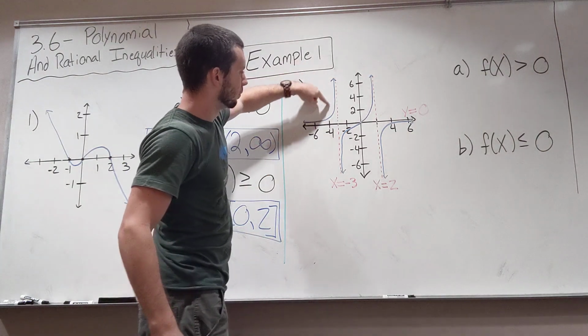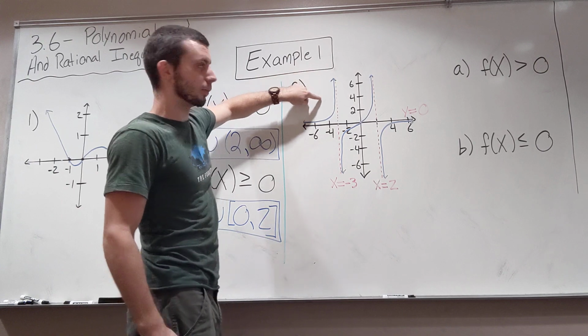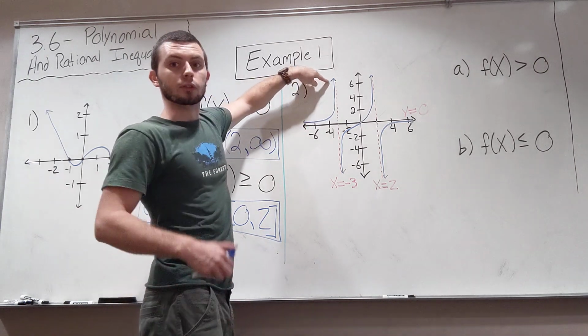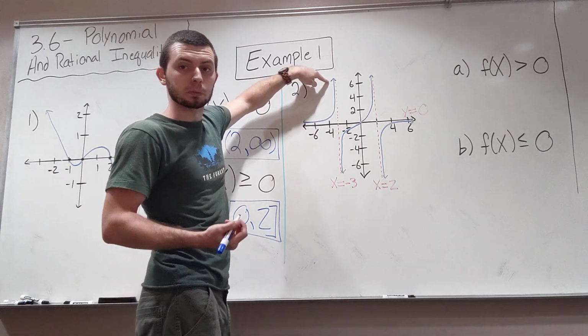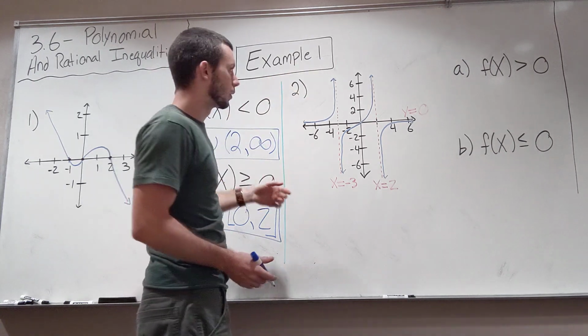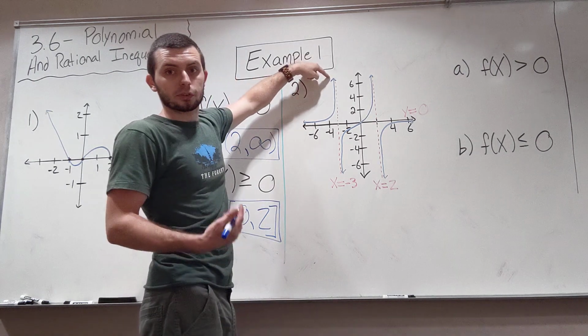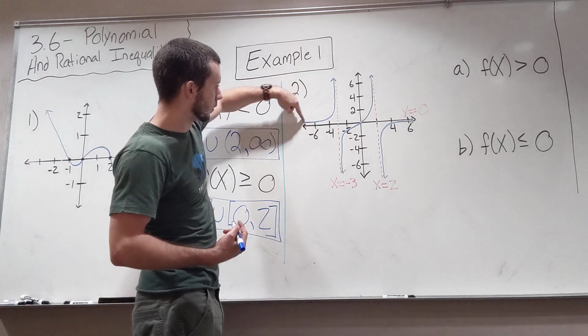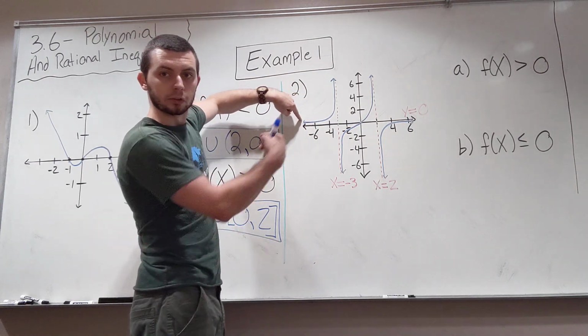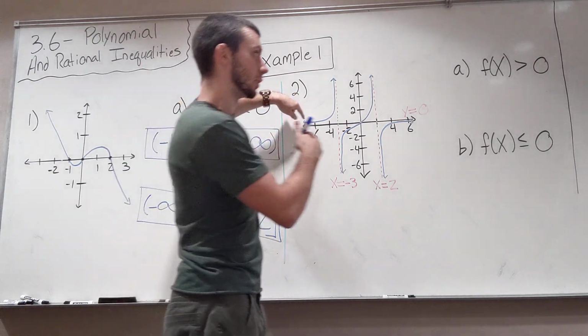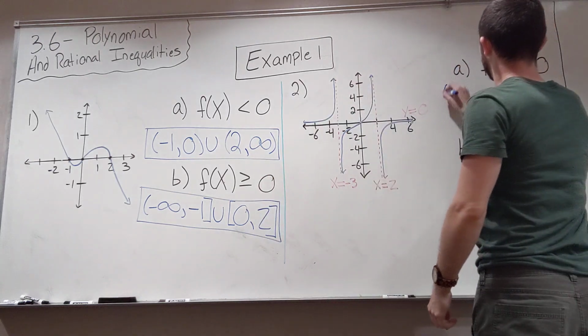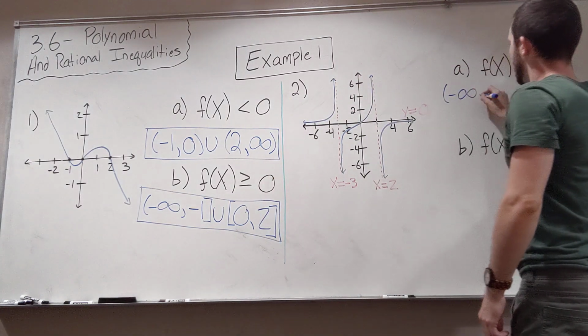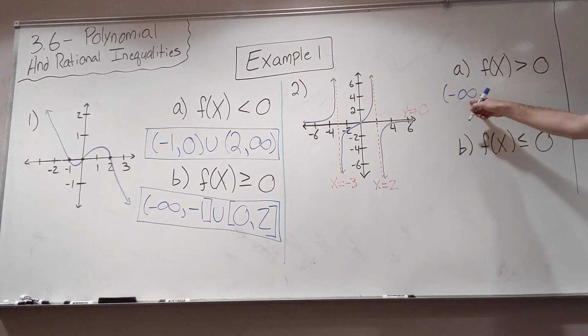This segment right here, that definitely seems to be above the x-axis. So we need to represent that using an interval, well, interval notation. So what's the furthest to the left that this graph goes? We hit an arrow that goes to the left, which means negative infinity. Okay, so negative infinity is how we start.